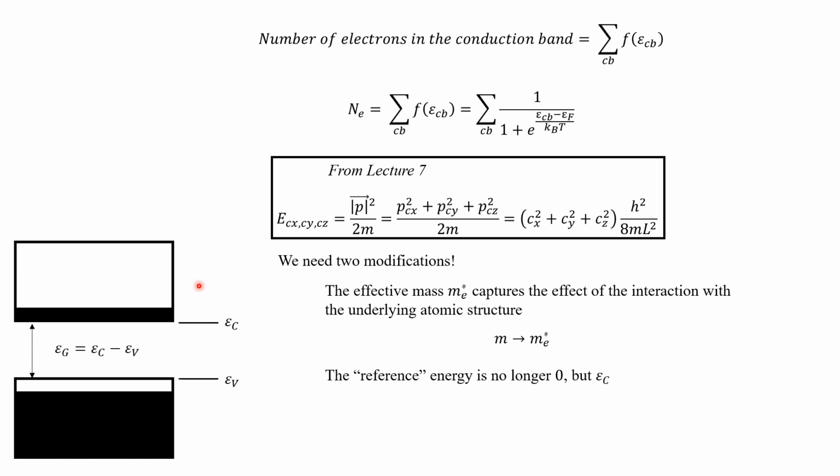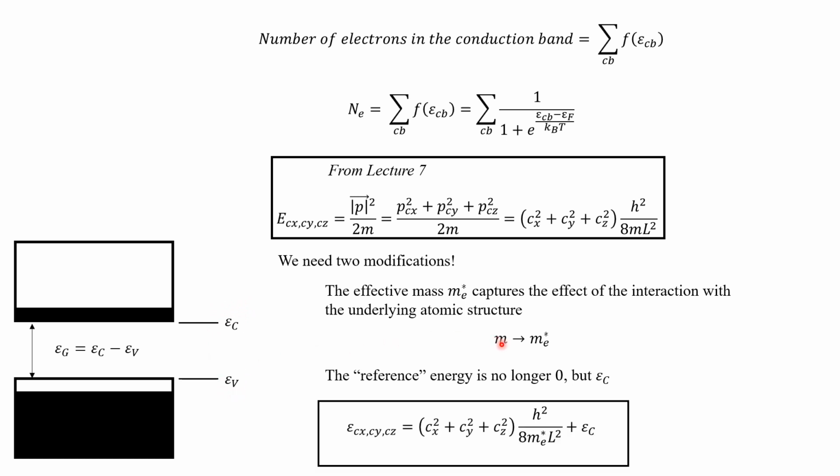And since we are already giving names to reference energies, we're going to use this symbol for the highest energy in the valence band. And recall that this distance here gives the band gap. So we're going to represent the band gap with this symbol. And of course, the band gap is given by this energy minus this energy.